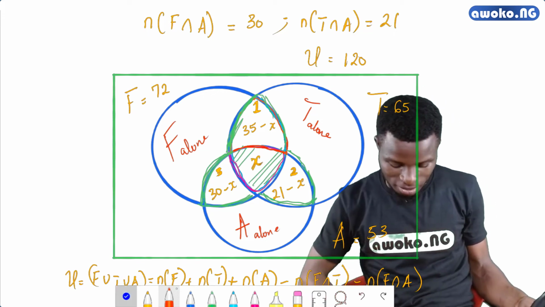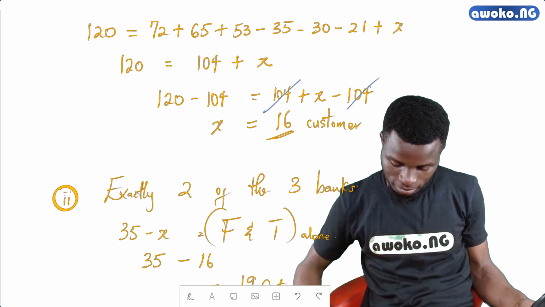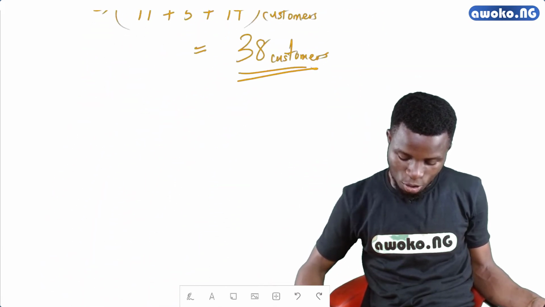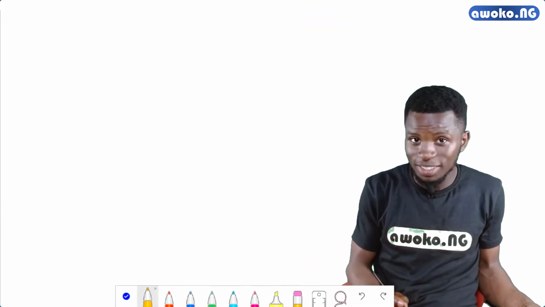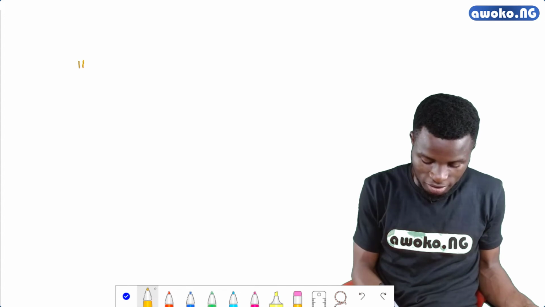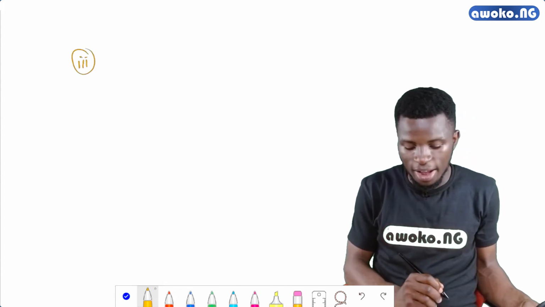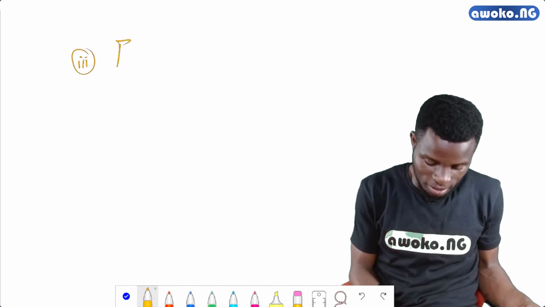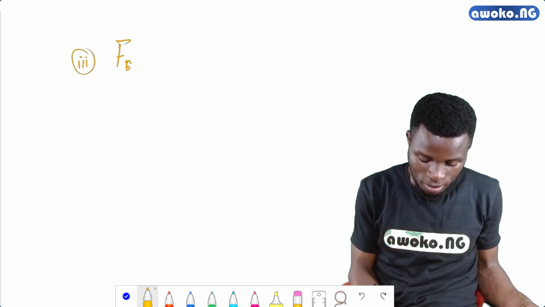Now, since that has been said, let us go over to solving them. So this is the 3rd question. We have I. Let us start with First Bank alone.